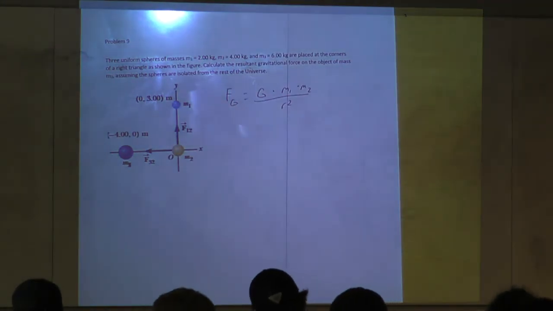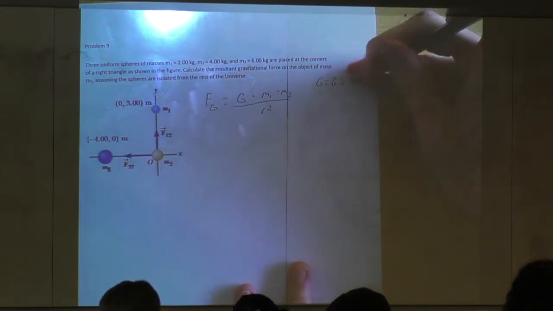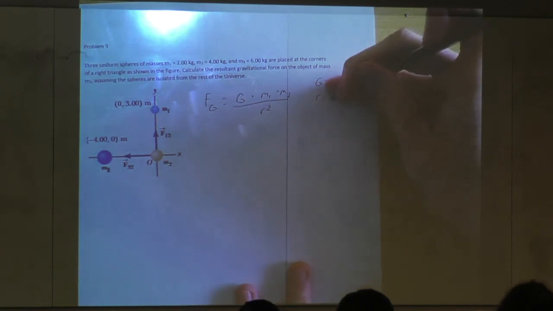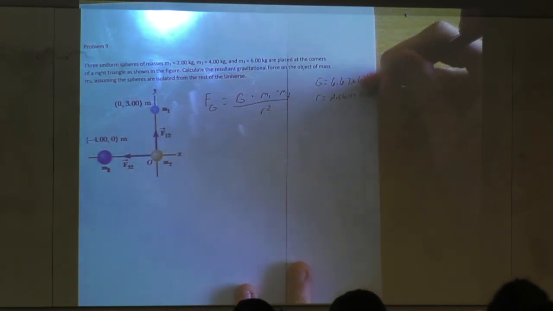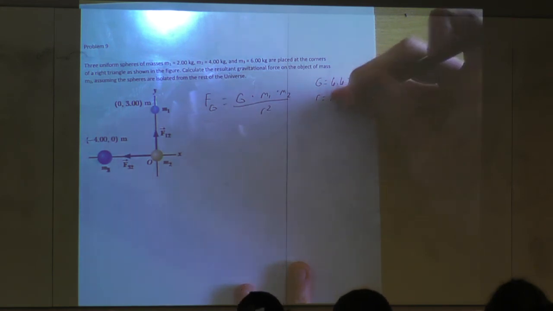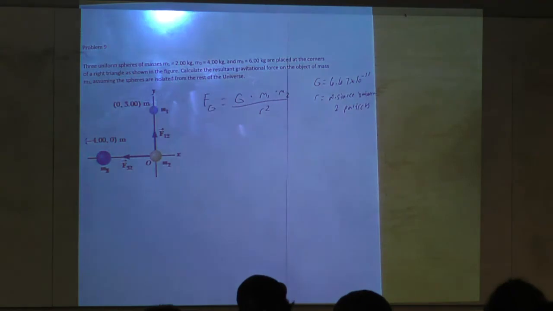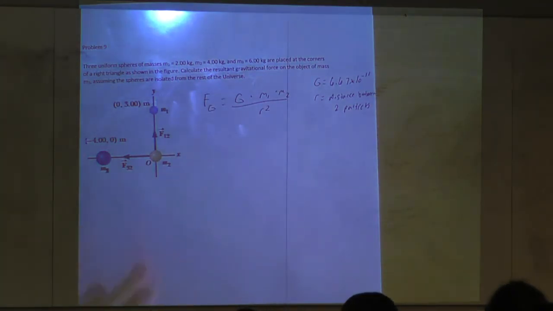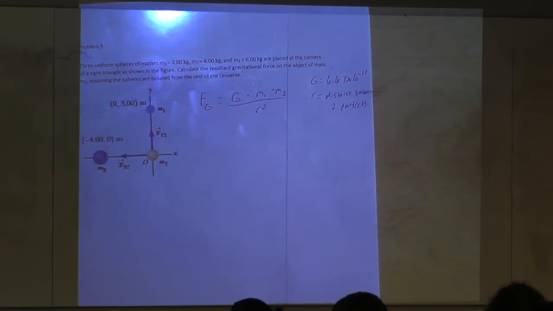G, first of all, is an ugly constant, and r is the distance between the two particles. So really all we're doing is solving for these two forces, then combining them into a resultant force and writing that vector. It's pretty straightforward.